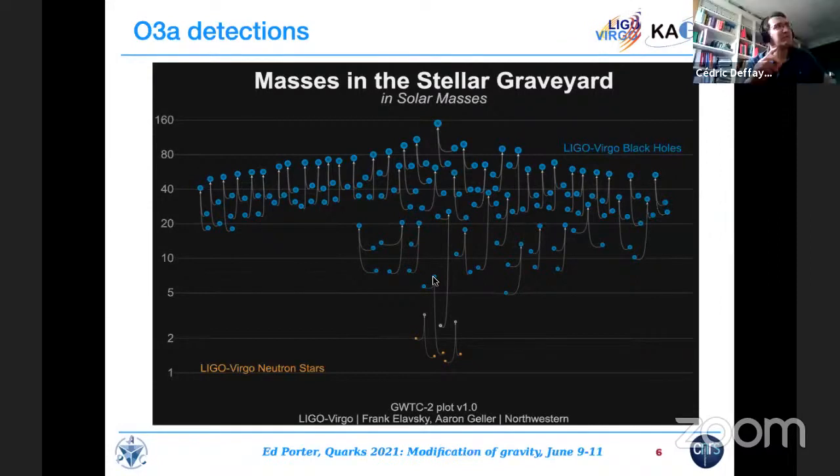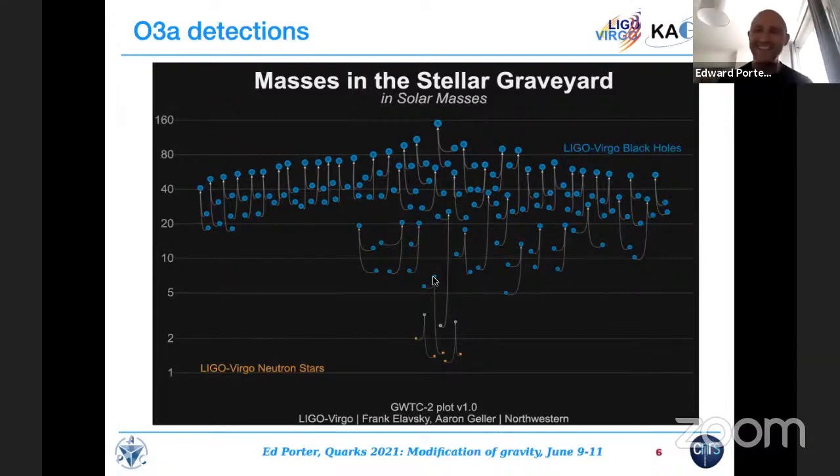Cedric? Yeah. So can I ask one more question? Sorry. Yes. It's about, in fact, this slide. Ed, can you say a bit about what is the current understanding of the black hole population which is observed by LIGO-Virgo? Yes and no. The prediction for the population model has changed.